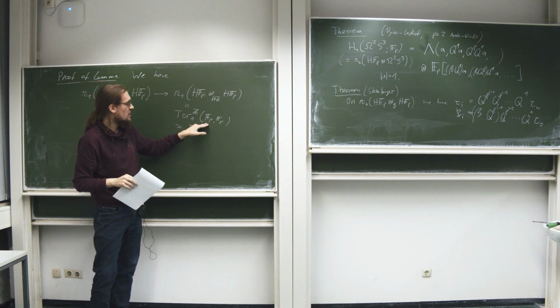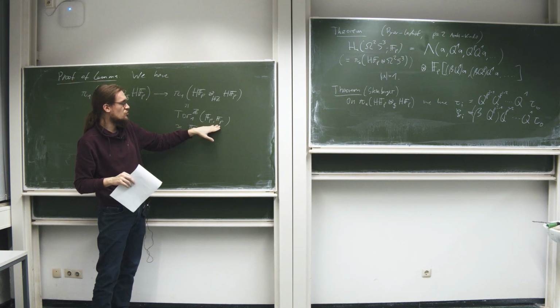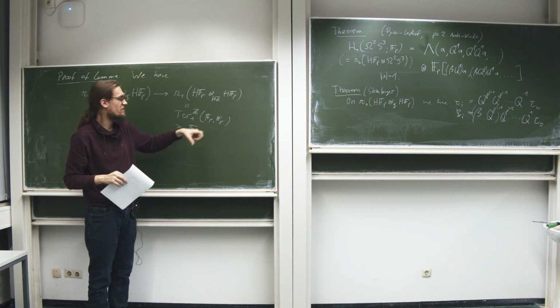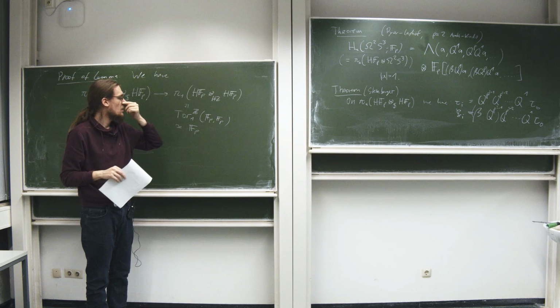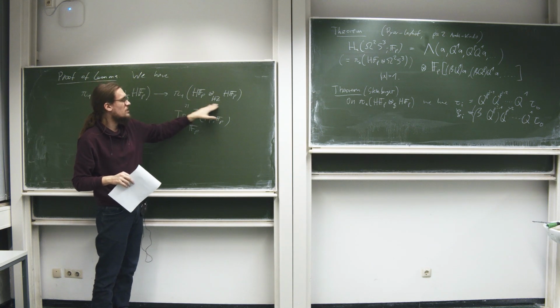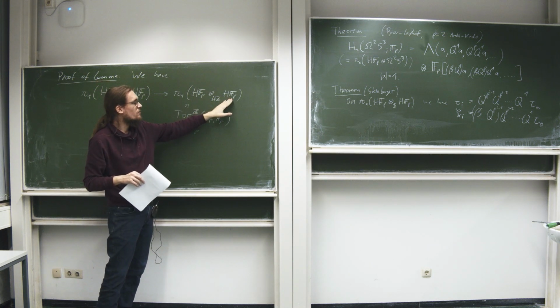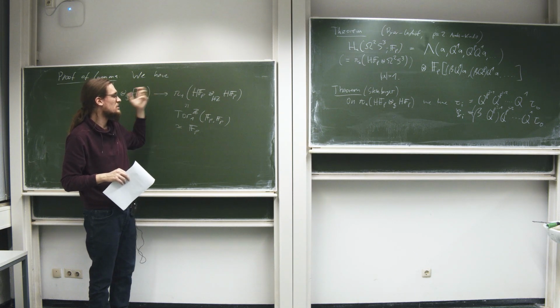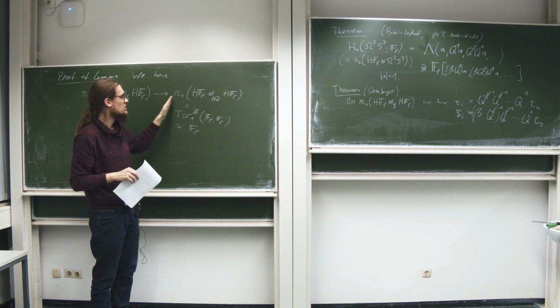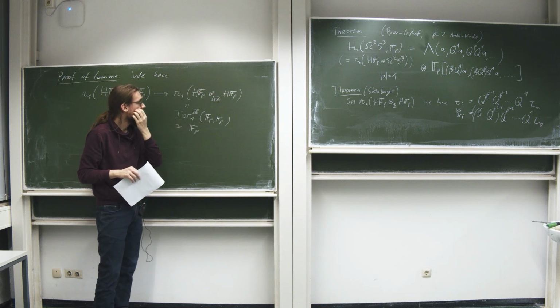Alternatively, you can just copy the argument that you use to compute Tor1, which is you resolve FP by 2 copies of Z, and then tensor. You can just do that on the level of spectra. You can write down a cofiber sequence where you have HZ, HZ, and HFP, and then if you tensor that and use that cofiber sequences are turned into cofiber sequences, you can also just get this pi1.